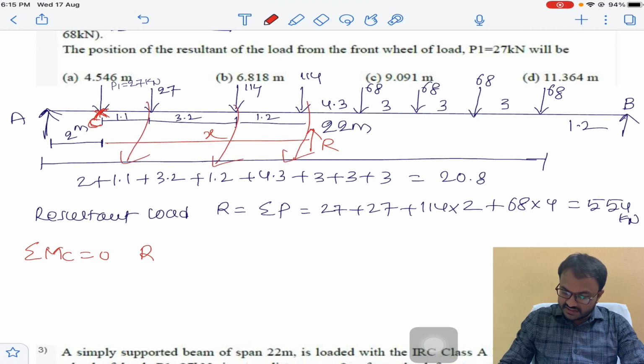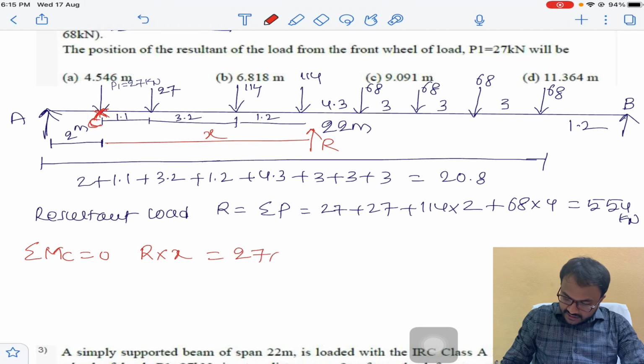This is clockwise, this is clockwise, this is clockwise, this is clockwise. Clear? Resultant will create anti-clockwise. So the resultant R into X is the moment about point C, equal to 27 into, so this first 27 kilonewton will not create any moment about that point itself.